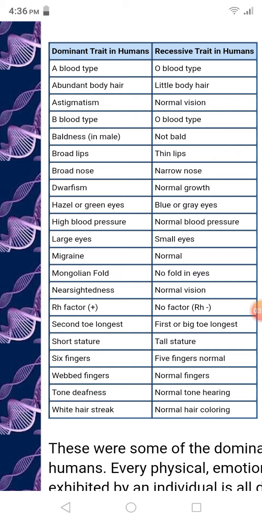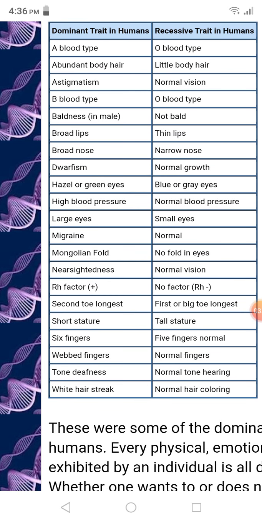So the narrow nose, normal growth, blue or gray eyes, normal blood pressure, small eyes, normal migraines, no fold in eyes, meaning your eye corners are not folded.